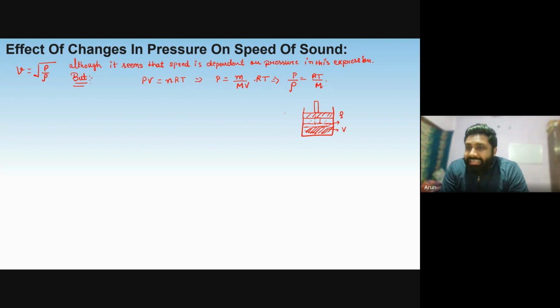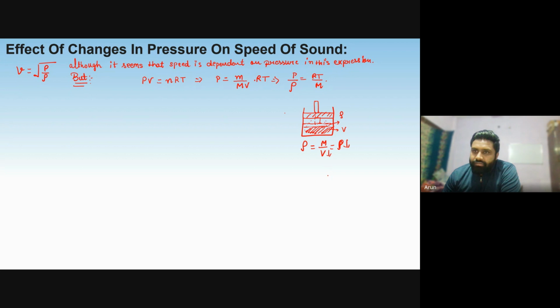Has the mass decreased? No, because mass is conserved. Only the particles or atoms come very close to each other, so there will be a sufficient decrease in the volume. Now we know that rho is mass upon volume, so if volume is decreased, the density is also affected.